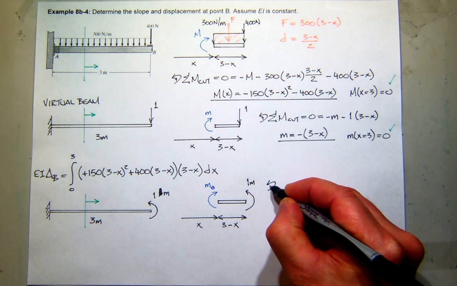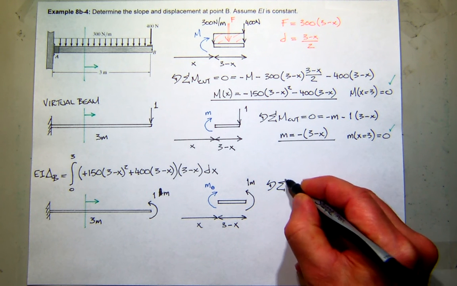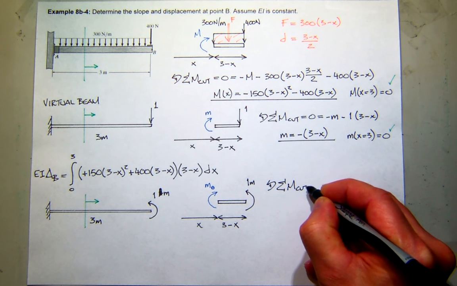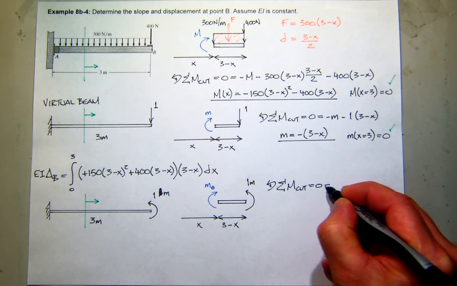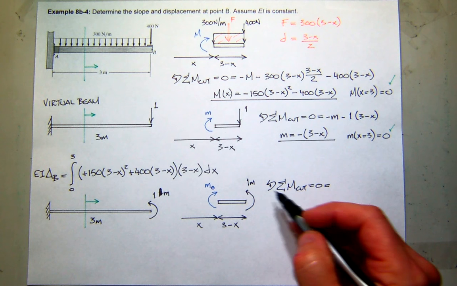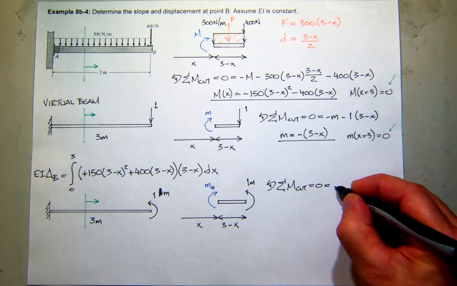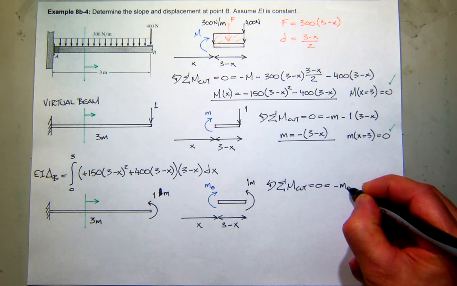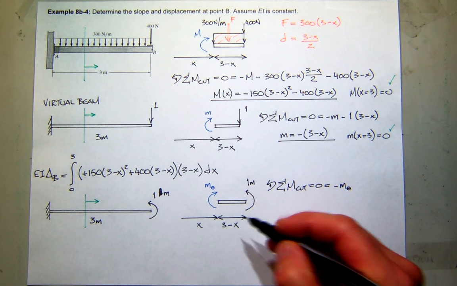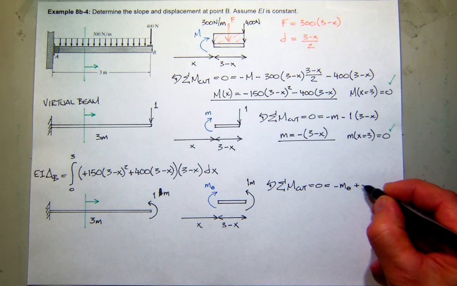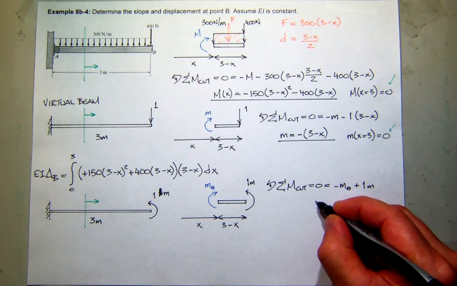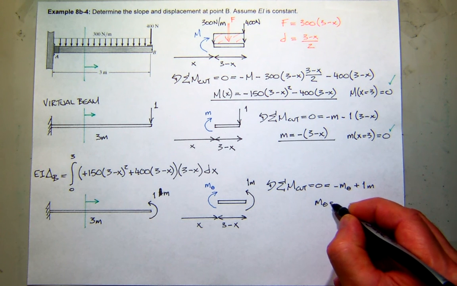And now if I sum my moments about the cut, this won't take very long. The internal moment is, with this sign convention, negative m theta. And the applied force is positive 1. So it looks like m theta is 1.